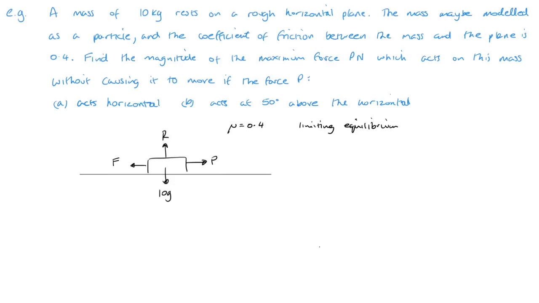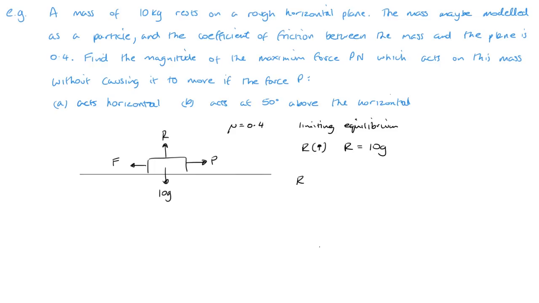So the first step will be to work out the friction. We need the normal reaction. There's only two vertical forces here, so resolving vertically we get R equals 10g. And that is all there is to it.